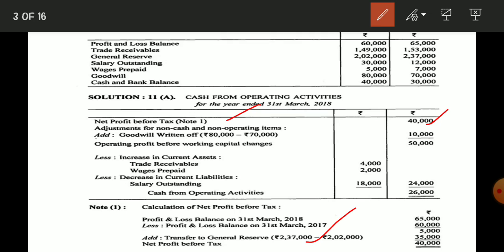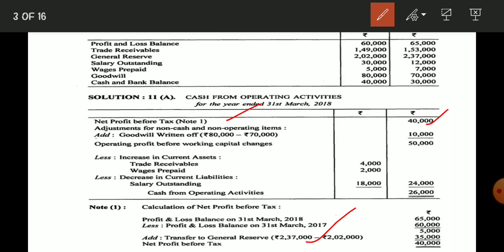Like goodwill written off: in the previous year it is 80,000 and now in the current year it is 70,000. So how much amount is written off? It is only 10,000, so it will be added back. Operating profit before working capital changes comes out, and if there are any non-operating gains, they will be deducted from this.